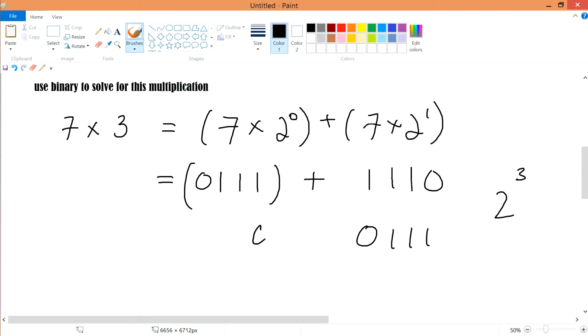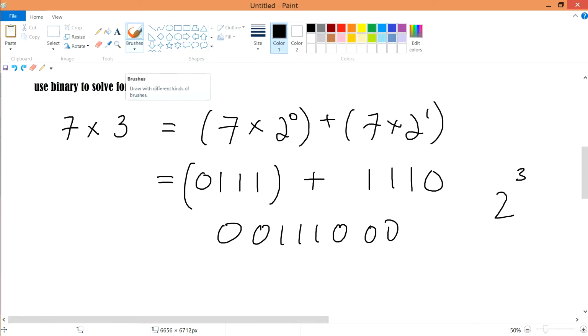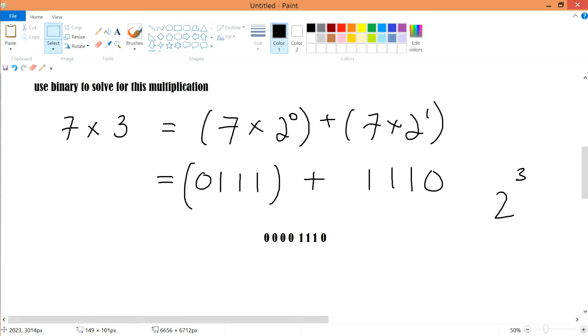I'm going to talk about taking in another 4 bits. So I have 1, 1, 1, and I'm going to shift 1 time, 2 times, 3 times. At the end of the day, I will have this. Maybe I should write it down again. For example, I have 1, 1, 1, 0.